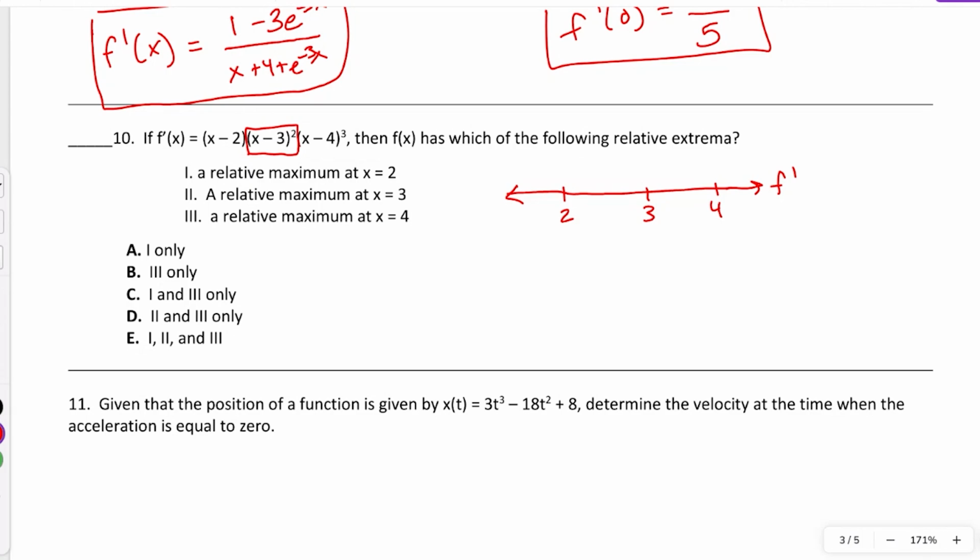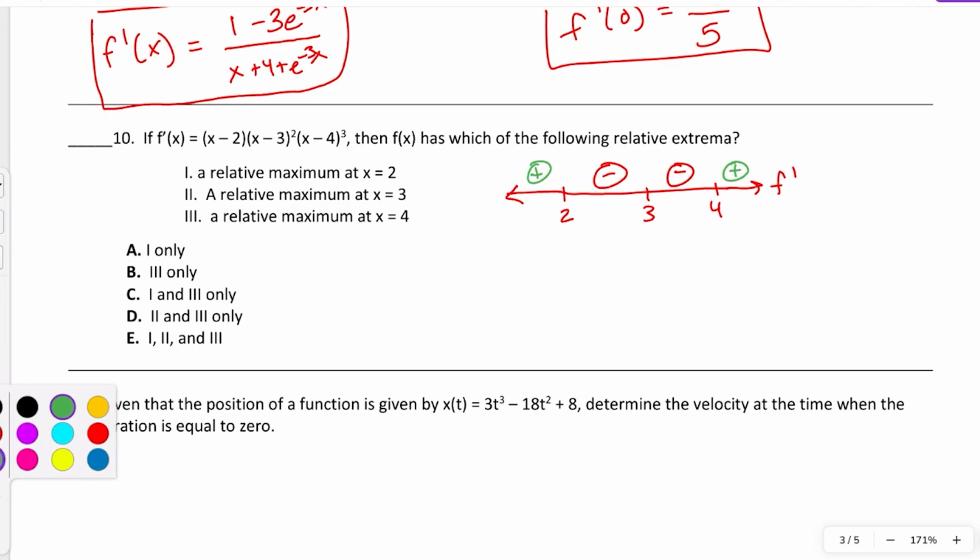So if I plug in a number like 0, I get a negative times a negative, which is positive. If I plug in a number like 2.5, I'm going to end up with a negative value. Plugging in 3.5 results in another negative value. Plugging in a number like 10, we'll have a positive times a positive, which is positive.